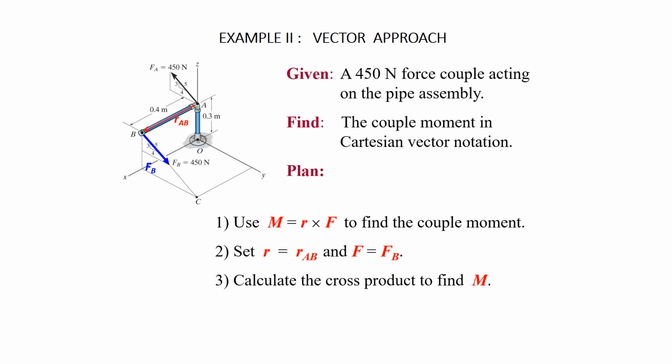And we'll set r as the position vector that extends from A to B, that is from one point on the line of action of the force to the line of action of the other force. So any position vector of that type will give us the correct answer. And then we calculate the cross product used to find our moment of interest.